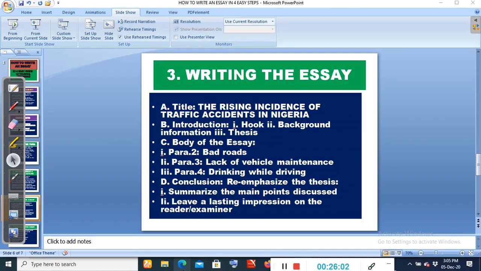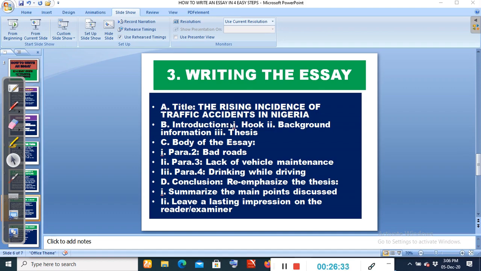Step number 3 is writing the essay, and we have to begin with the title. Normally there are 2 ways of writing the title. This method is what I call the total capitalization method. You write the title in capital letters. You can see it here, the rising incidence of road traffic accidents in Nigeria.